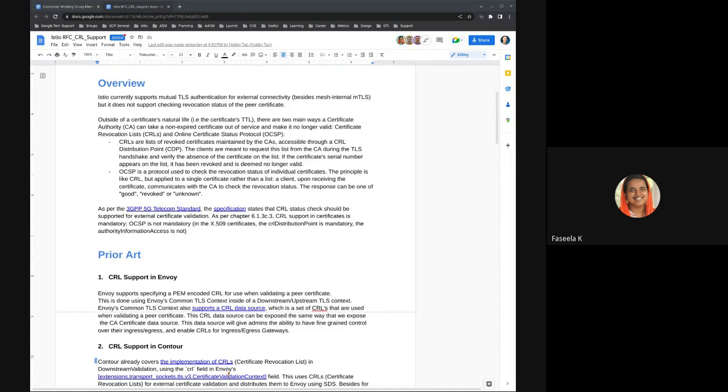Since it is a very low level thing, it is still okay for us this way. And even Contour has done a similar implementation. And we always wanted to minimize API changes these days, explicitly in DR or gateway, because we are moving away from many of those things.